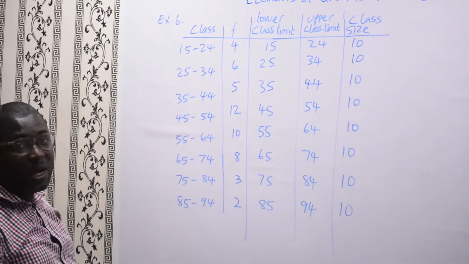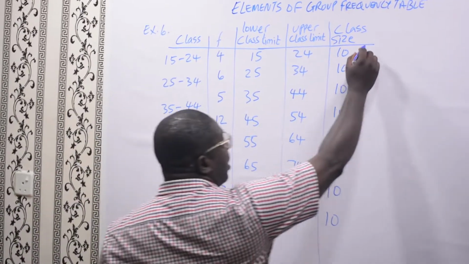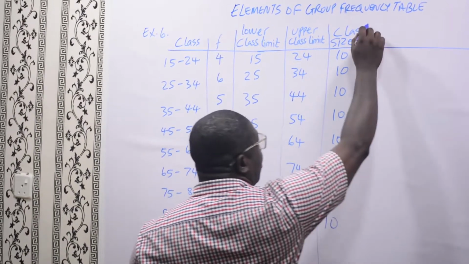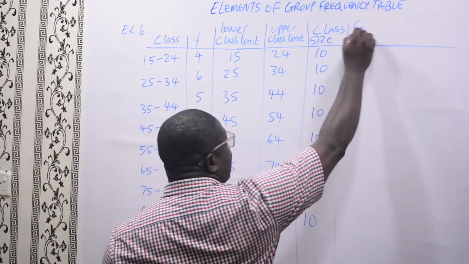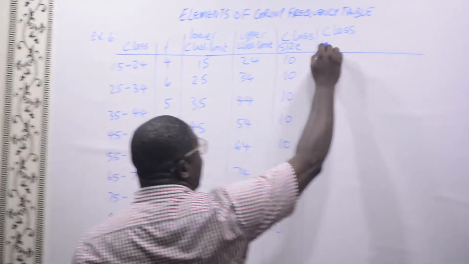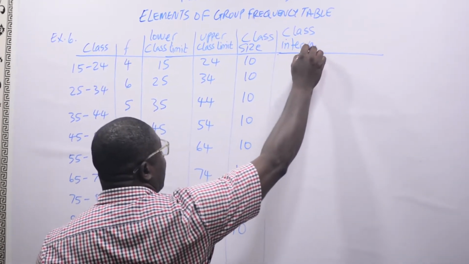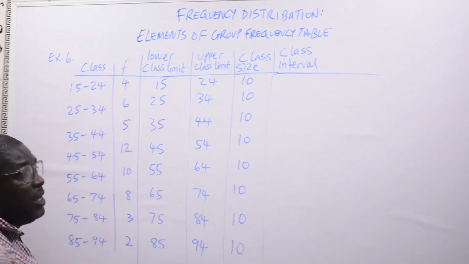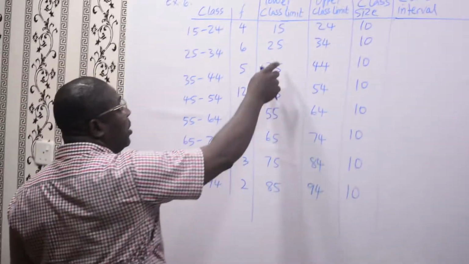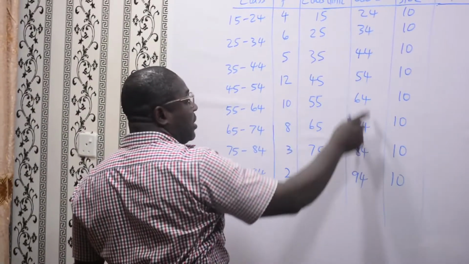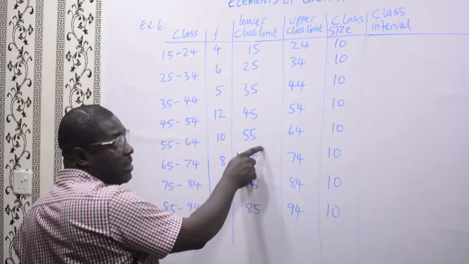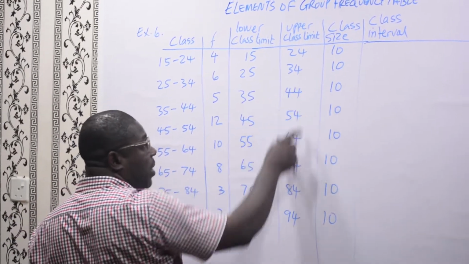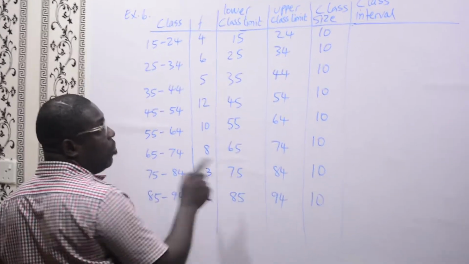Now, what do we call class interval? Class interval, that's another term we want to know about. The class interval is the difference between the upper class limits and the lower class limits.